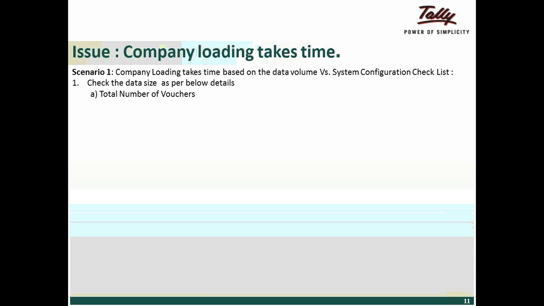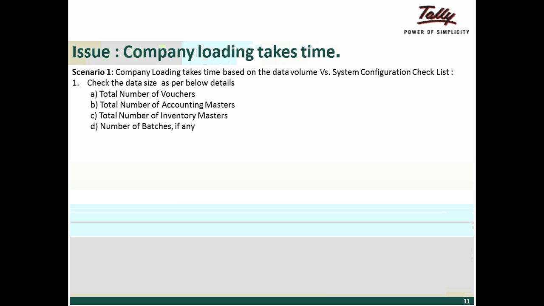So you have to check the data size in terms of the total number of vouchers, total number of accounting masters, total number of inventory masters, and number of batches.